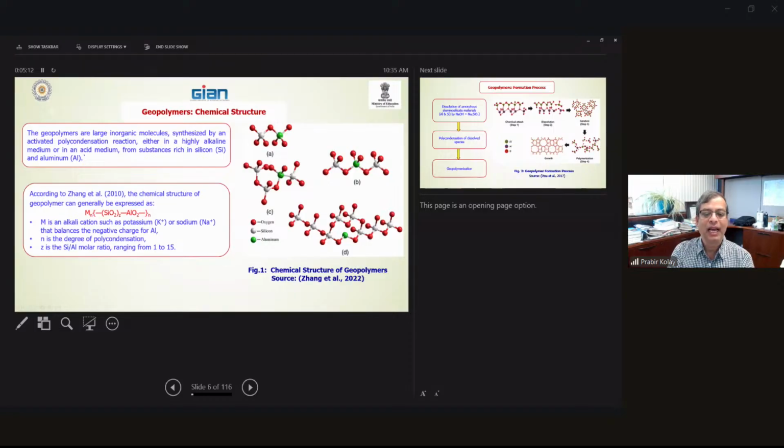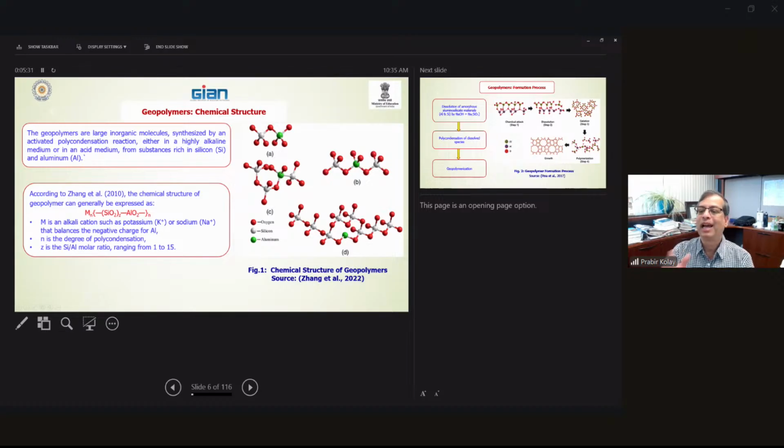M is the alkali cation, such as potassium. It can be potassium, it can be sodium, that balances the negative charges for the aluminium. And n is the degree of polycondensation. We can change the alkali to silica and alumina molar ratio, ranging from 1 to 15.